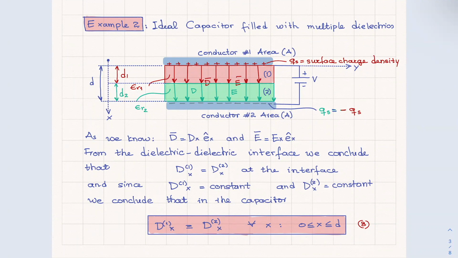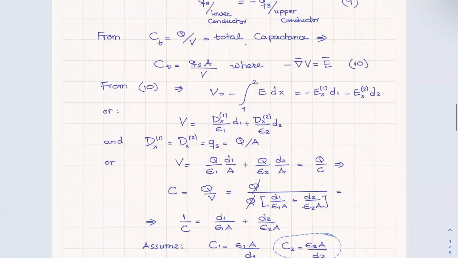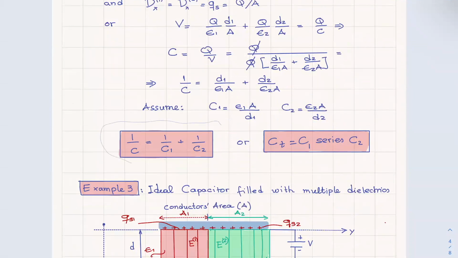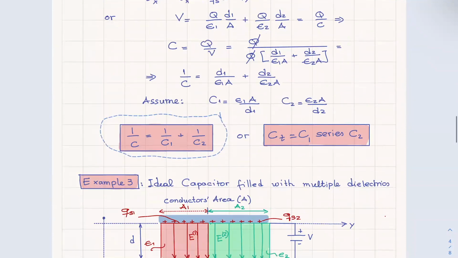Because even if you introduce a metal, the result is going to be the same. If you put a metal between the two interfaces, which is not connected to anything, a floating metal, it is going to work as if there were no metal there. And it's going to give you the total capacitance, which is the result of two capacitors in series.